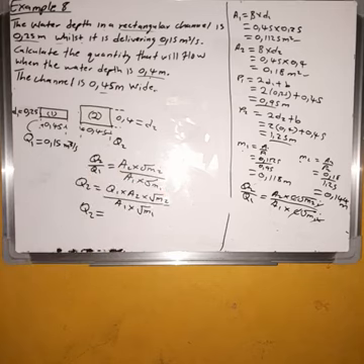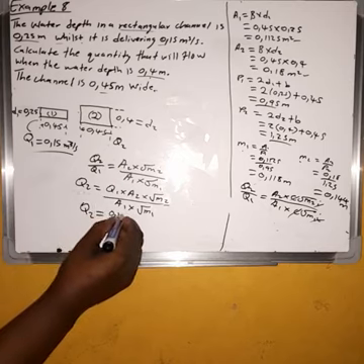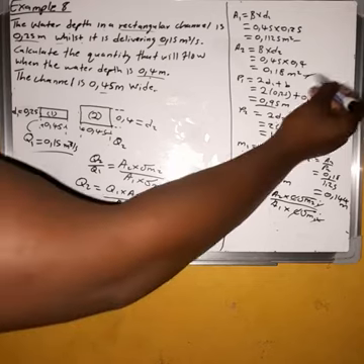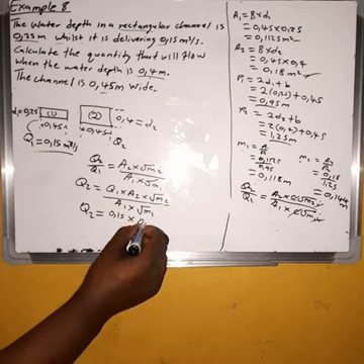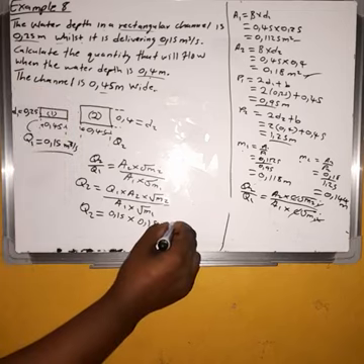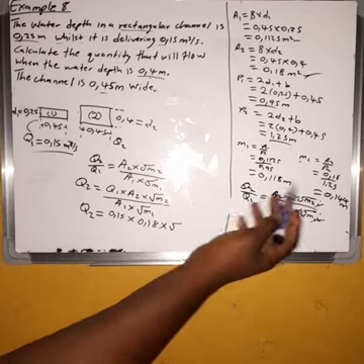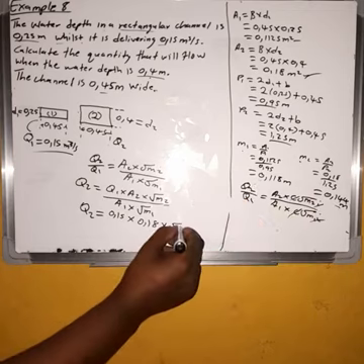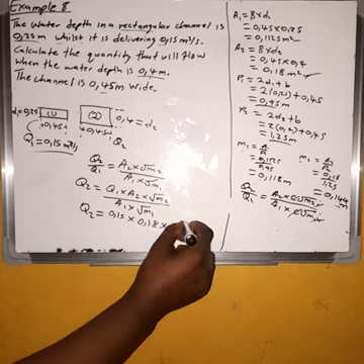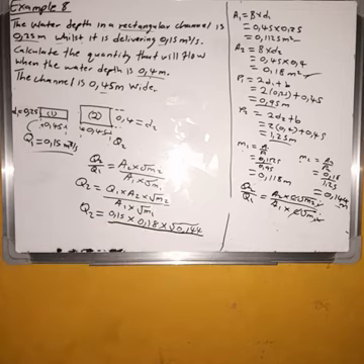Q1 we have here is 0.15, multiplied by area 2, which is this one, 0.18, square root of M2, which is this one, 0.144, divided by area 1.